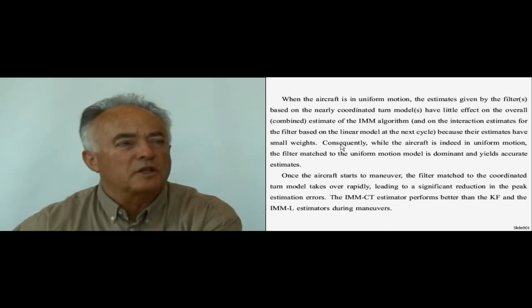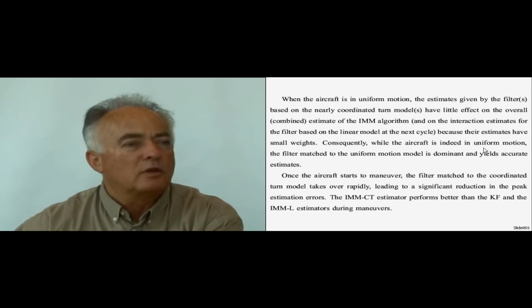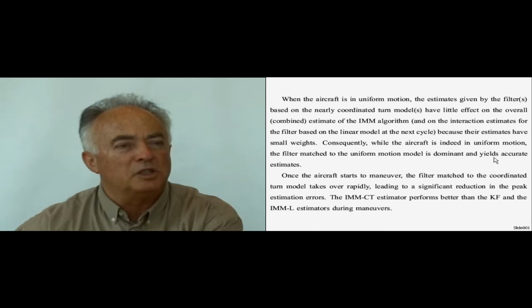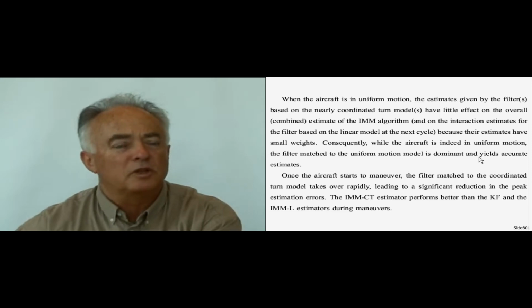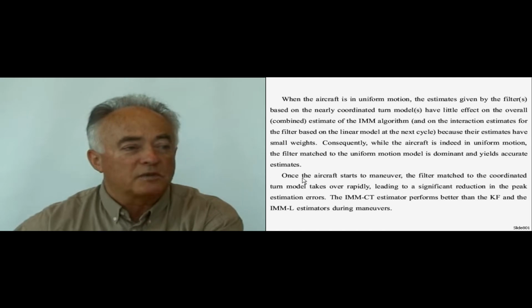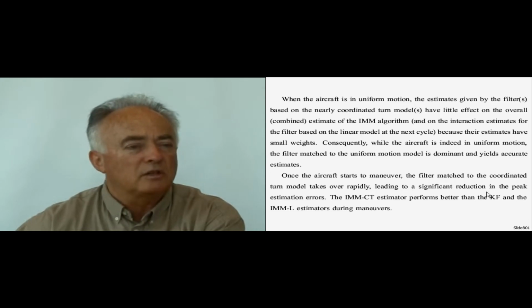So when the aircraft is in uniform motion, the filter matched to the uniform motion model is dominant, and the IMM relies mostly on it, so it doesn't matter what's coming out from the filter for the maneuver, the CT model filter. Once the aircraft starts to maneuver, the filter matched to the coordinated turn model takes over rapidly, and it leads to a significant reduction in the peak estimation error, as we have seen.